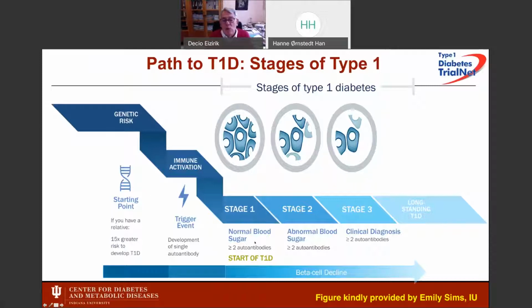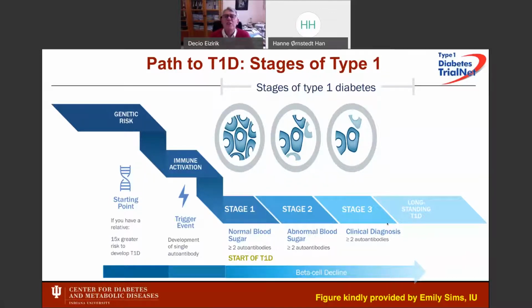And this will lead to what we call stage 1, which is when the individual develops two autoantibodies against beta cell antigens. And people who have two autoantibodies have more than 80% chance to develop diabetes in the coming years.